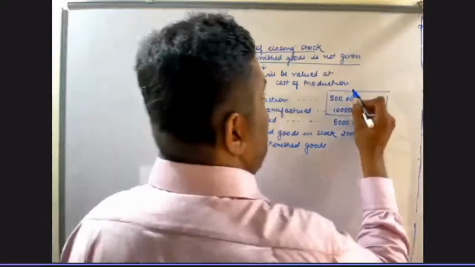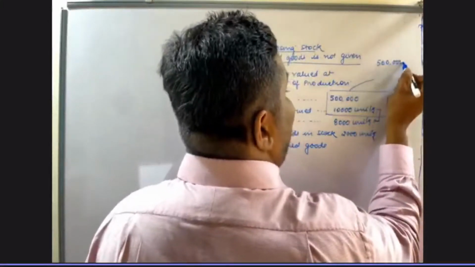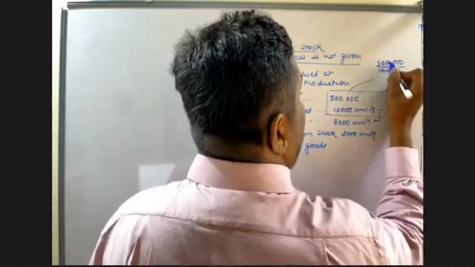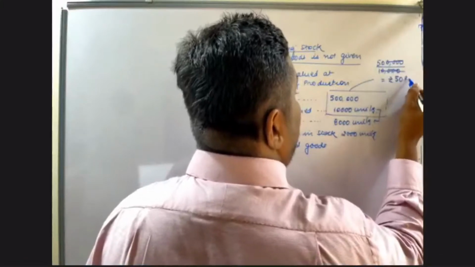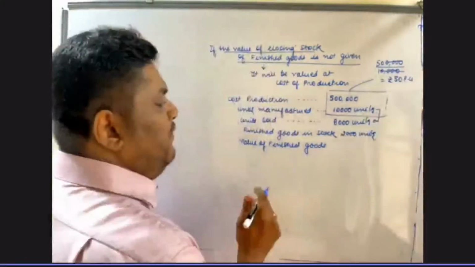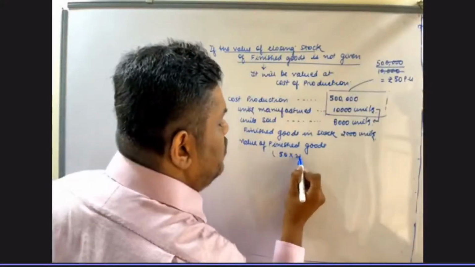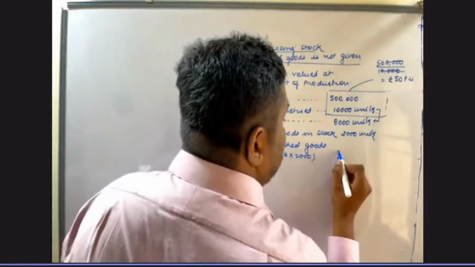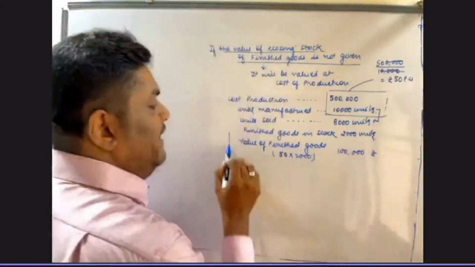So the cost of production per unit will be how much? 5 lakh divided by 10,000, so this is rupees 50 per unit. Accordingly, the value of finished goods will be how much? That is 50 into 2,000 units, that is 1 lakh rupees. This will be the value of finished goods.